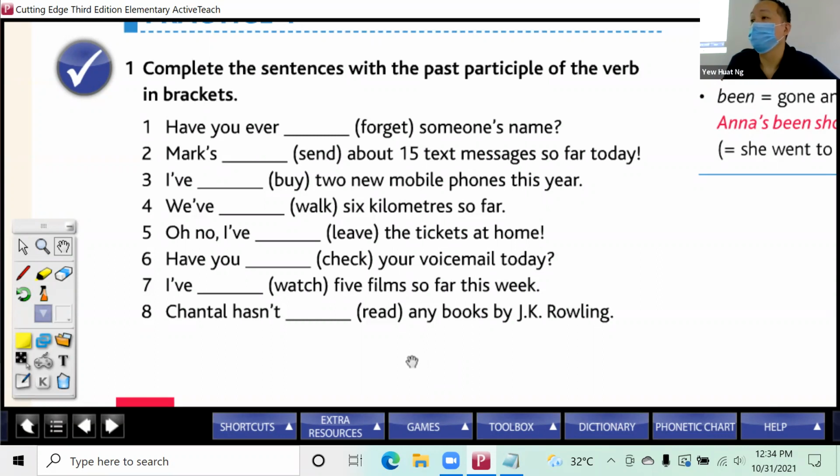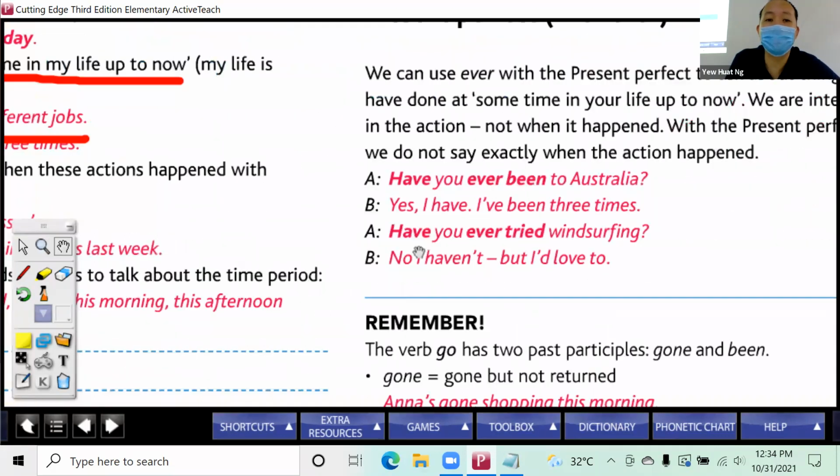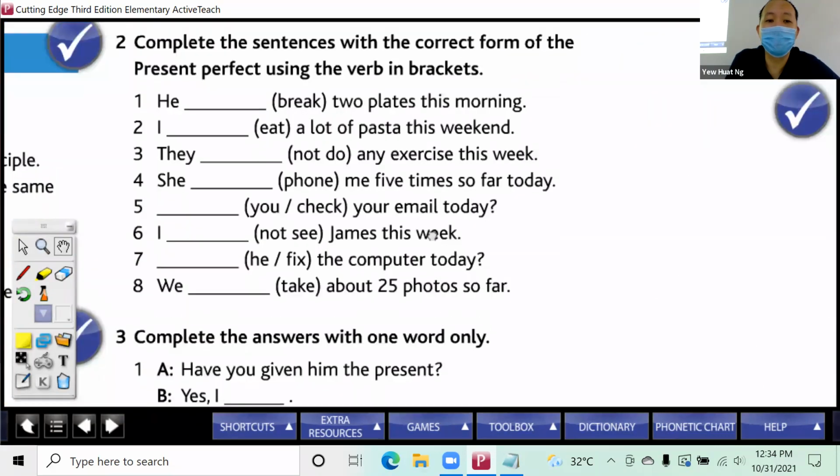Just start doing and try to complete all of this.